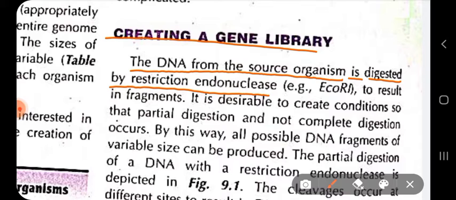Say I have isolated the DNA from mouse cell, and then it is digested by using restriction endonuclease. Various types of restriction endonuclease enzymes in different combinations are used to make a series of fragments of DNA, for example EcoR1, resulting in a series of fragments.